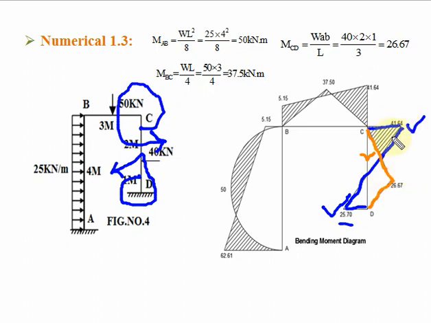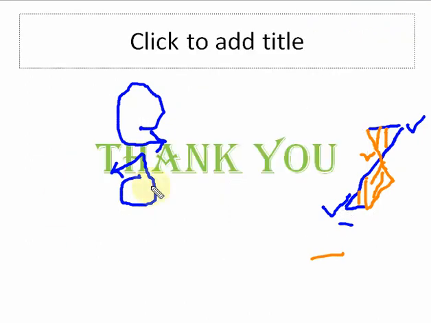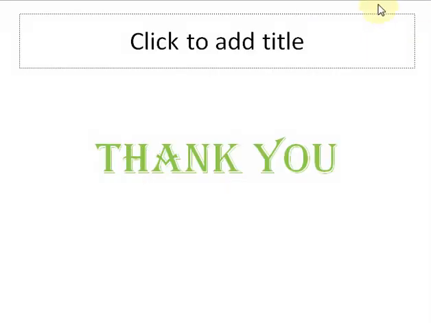The other portion is single, which is not overlap, so you have to make it hatch. This is also not overlap, this is only the portion of your end moment, and this is the portion of your free bending moment diagram, which is not overlap. Okay, so this is about your bending moment diagram. Okay, let's stop here. Thank you.